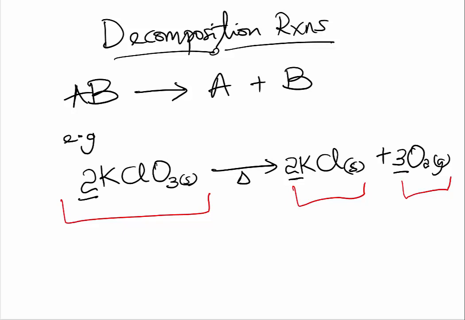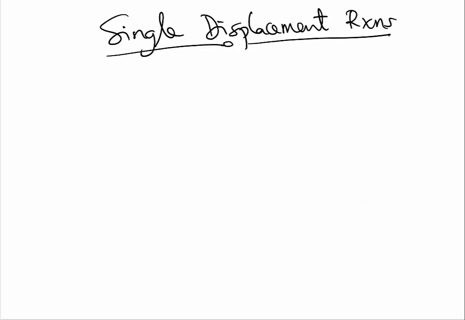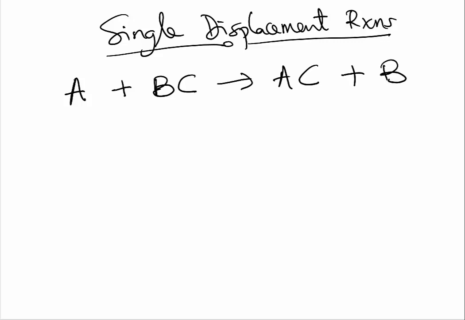Let us now take a look at single displacement reactions. If you have a substance A and it is alone by itself, and you react it with a substance BC, and A decides to kick B out and take possession of C. Now B is alone by itself.